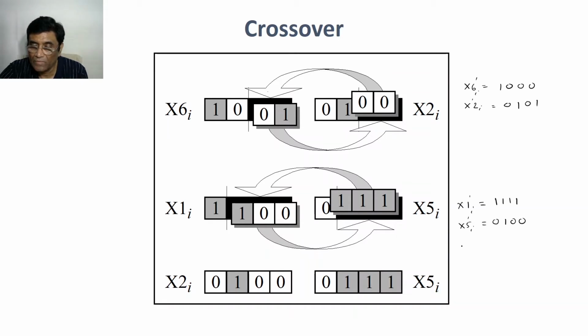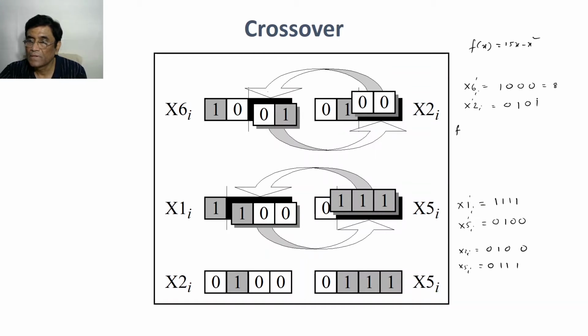calculate. X2 is 0, 1, 0, 0, and X5 is 0, 1, 1, 1. So 6 chromosomes. Now you have the function. Same old story: 15x minus x square, right? So this value is 8, right?